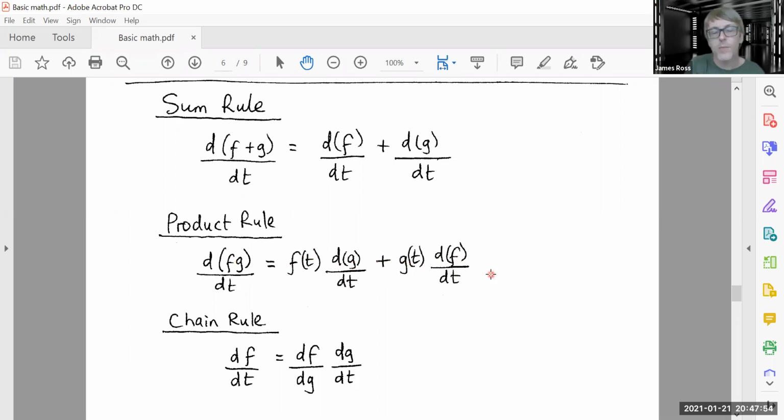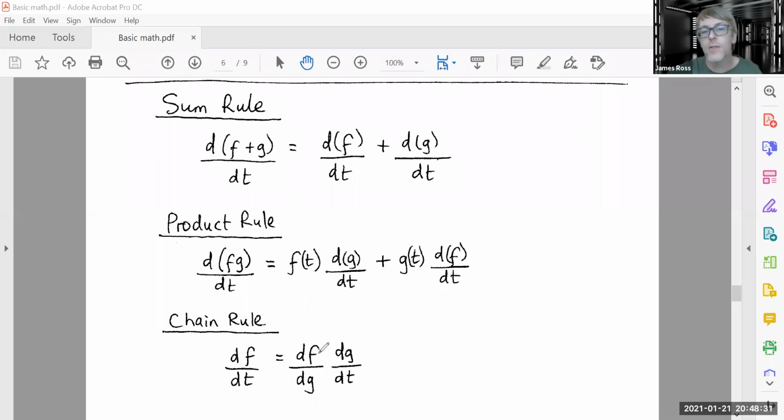The chain rule, we'll use it a bit in the notes. There are lots of objects useful in chemistry that are actually defined as derivatives. So for example, let's say you had the time derivative of f, but you actually don't want that.